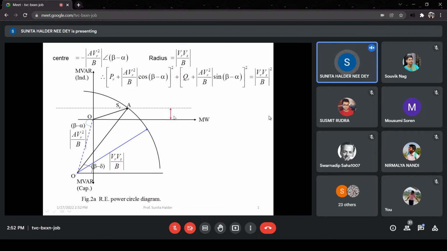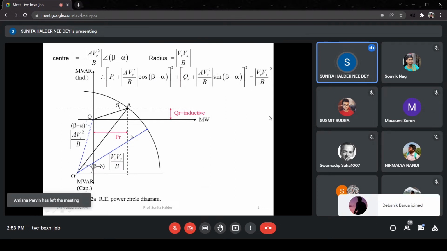So this part is the reactive power. Here it is inductive. And the real part is the active power. How have I identified? Actually, SR is the phasor, so its vertical component will be the reactive power and its horizontal component will be the active power.